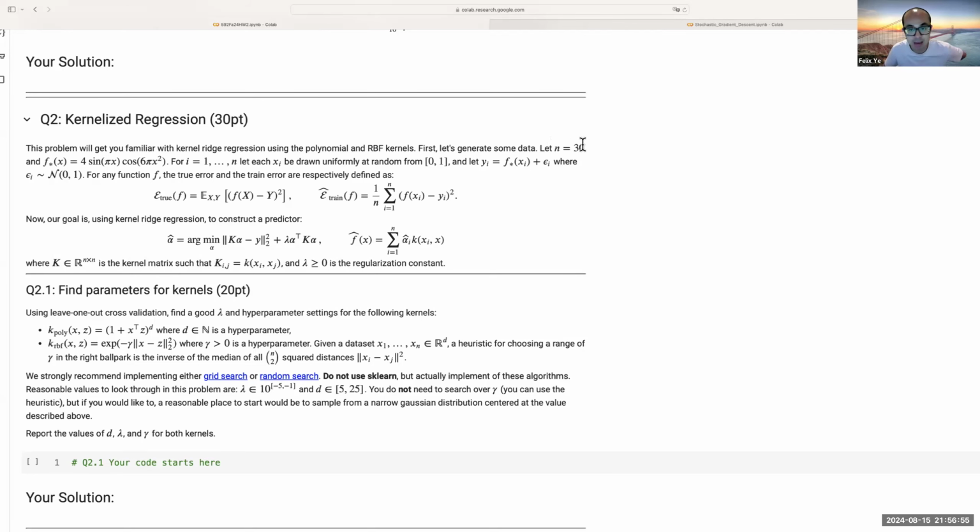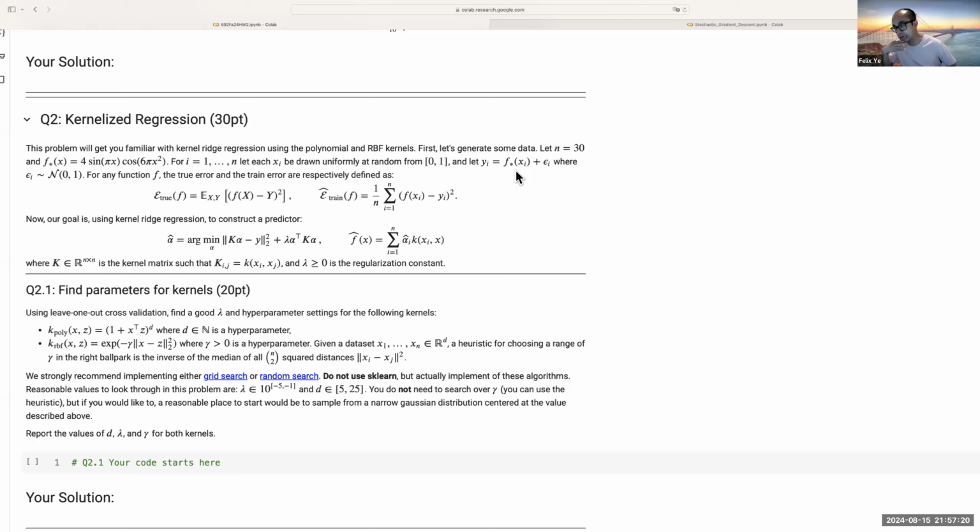So you have n equal to 30, so basically we have 30 points, and f star, which is the ground truth, is 4 sine pi x times cosine 6 pi x squared. You should be able to see some oscillations. And you want all these xi to be drawn uniformly at random from 0 to 1.